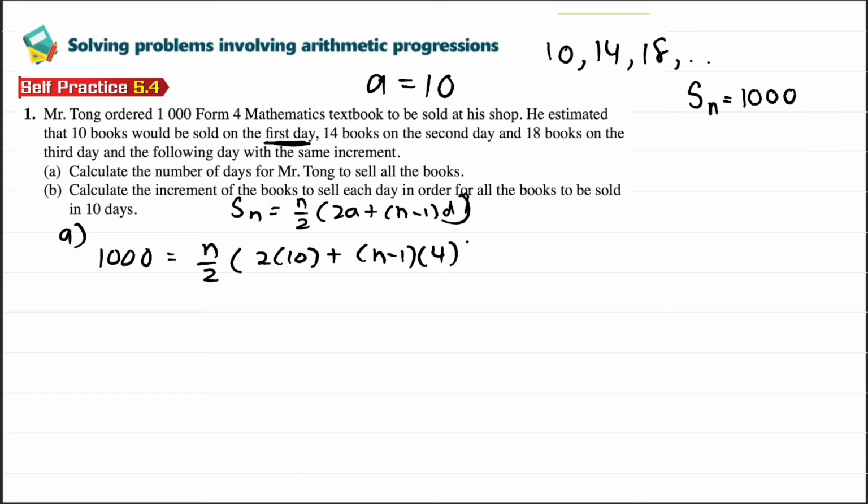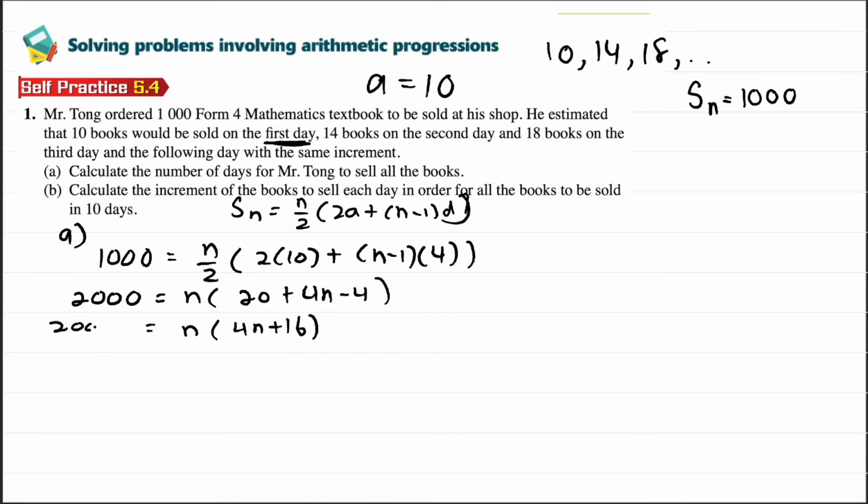Dan kita susun lah. So kita akan dapat sini 2000 sama juga dengan n(20 + 4n - 4), so 2000 sama juga dengan 4n kuasa 2 tambah 16n.